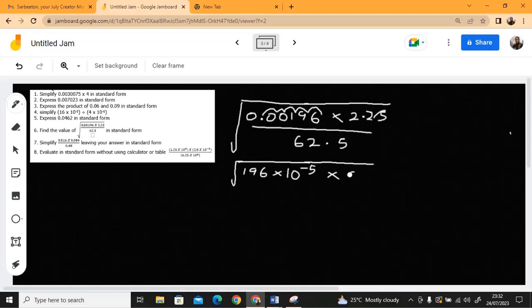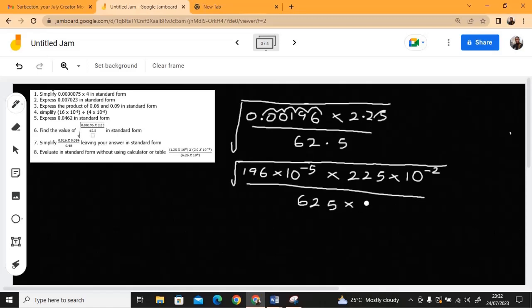That was 225 times 10 raised to power minus 2. You can see that it is very easy for me to divide because of this whole number. So I have to move this also 1. So when I move it 1, you have 625 times 10 raised to power what? Is it minus 1?